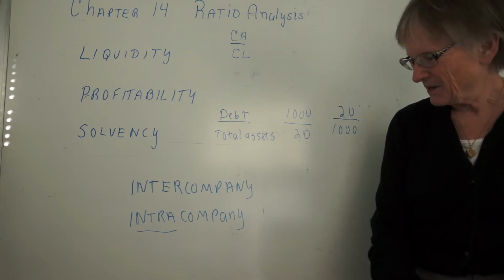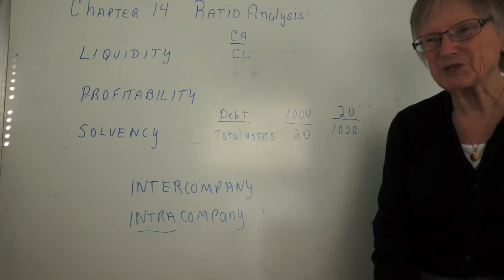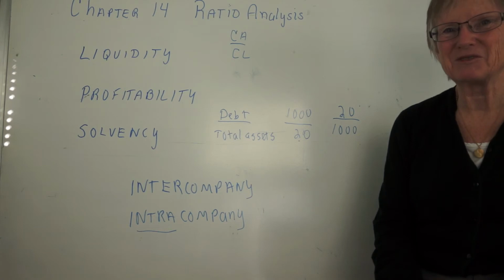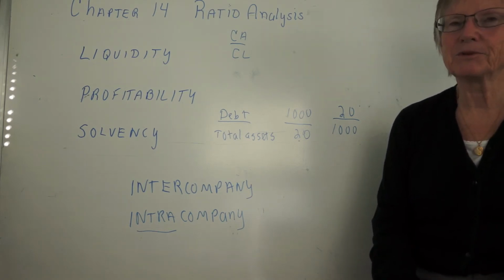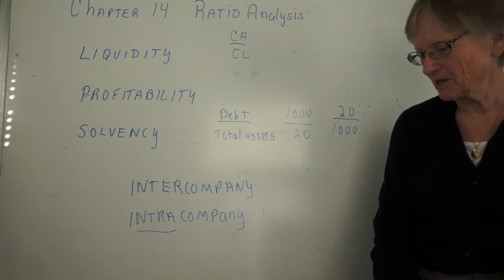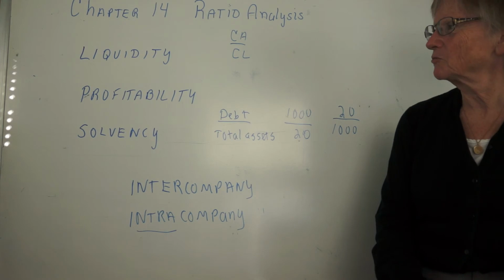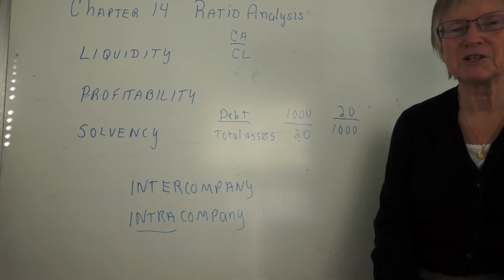Okay, so how many ratios do most analysts use if you're really looking at analyzing financial statements? They're not going to go through every ratio that's provided in the book. Most will have a couple of profitability, a couple of liquidity, a few solvency ratios that they use.